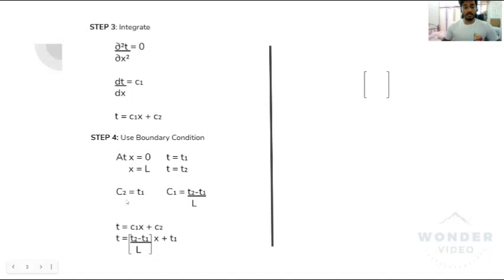By doing this, we get C2 equals T1, and C1 equals T2 minus T1 over L. If we substitute this into the equation, we get T equals T2 minus T1 over L times x, plus T1.